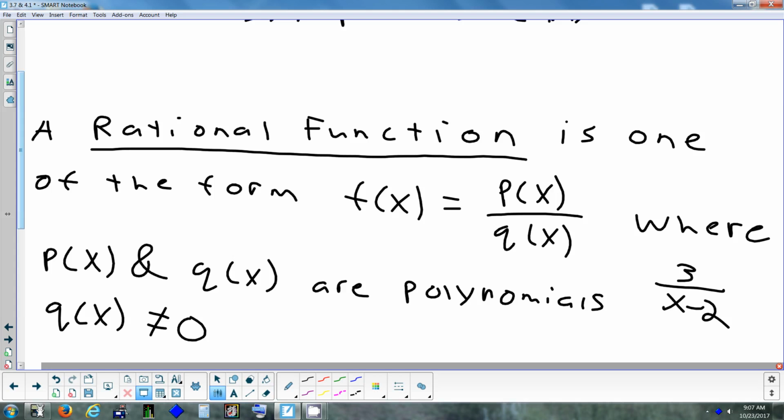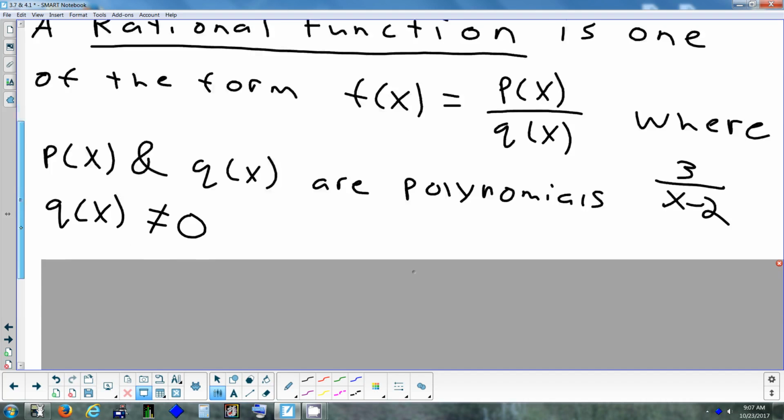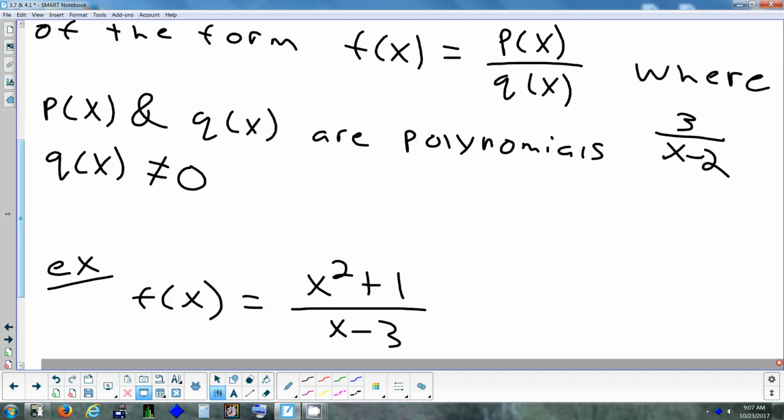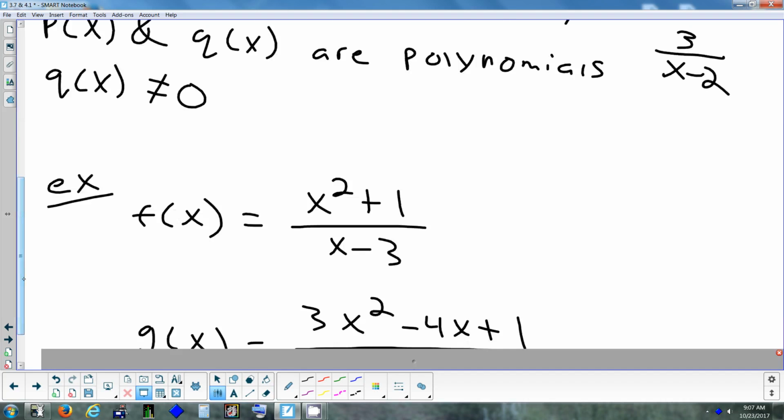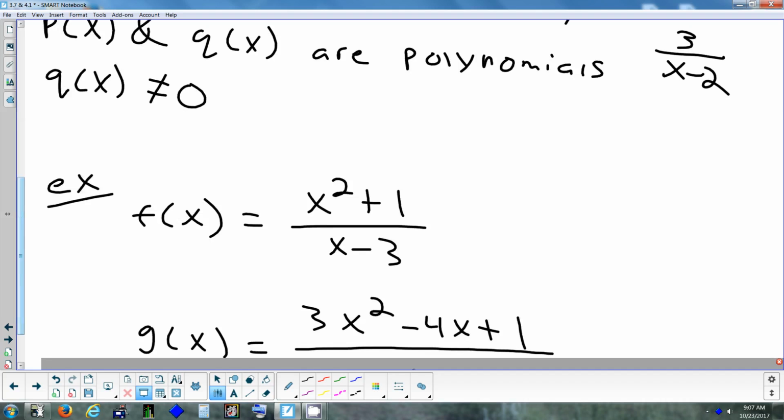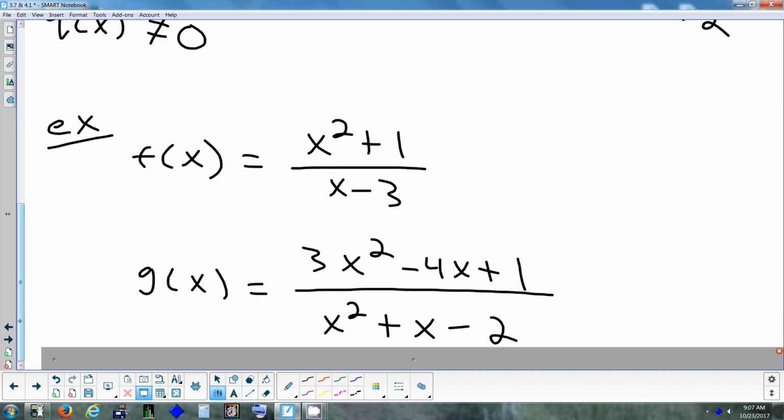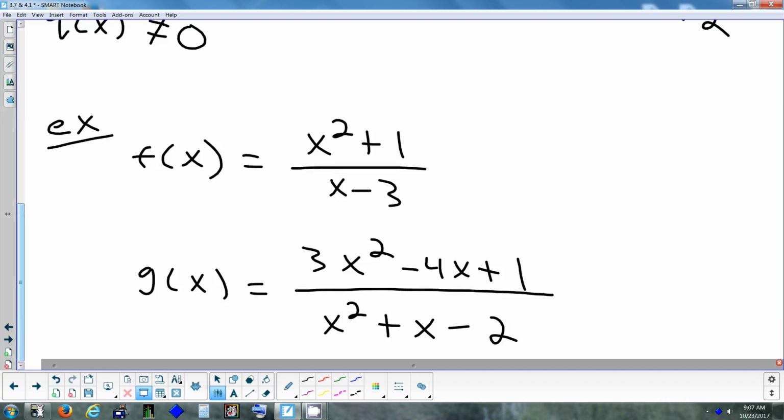So a lot of times we're going to explore the behavior on each side of 2, very, very close to it, like 1.99, 2.001. And that'll give us an idea of the graph. That's an example, nothing I'm going to do with it at the moment, but that's an example of a rational function. That's another example of a rational function.